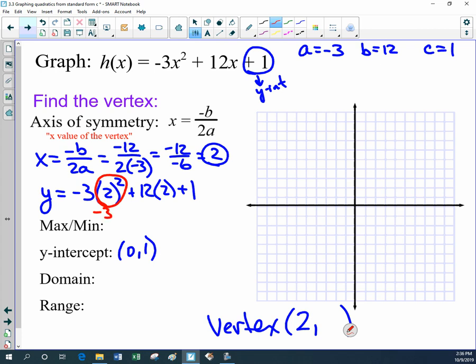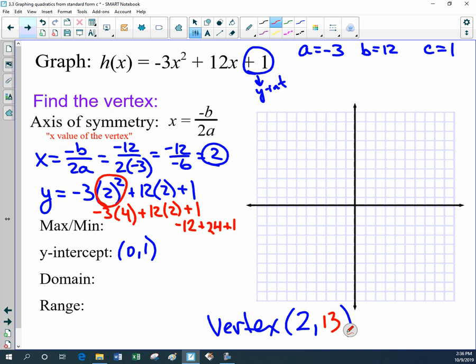So we have negative 3 times 4 plus 12 times 2 plus 1. So negative 3 times 4 is negative 12, plus 24, plus 1. Negative 12 plus 24 would be 12. 12 plus 1 would be 13. Okay, so the vertex is at (2, 13).